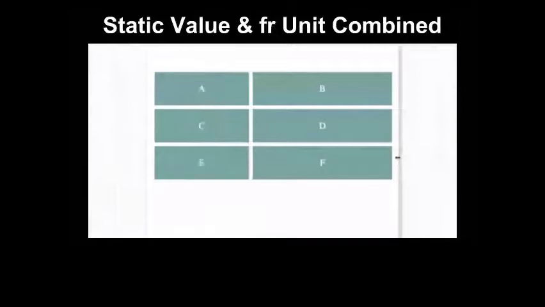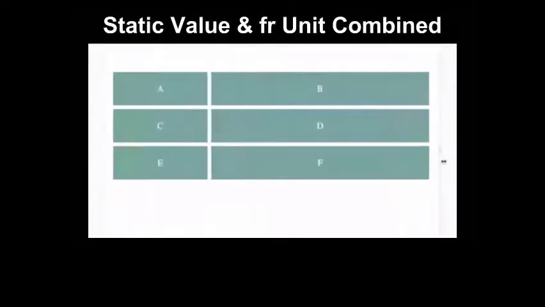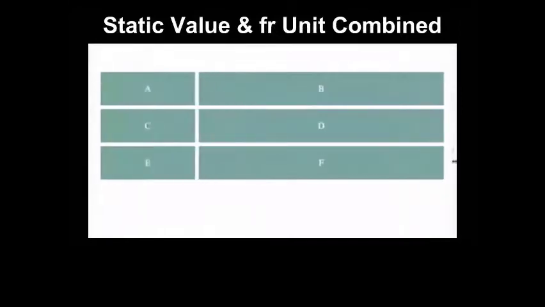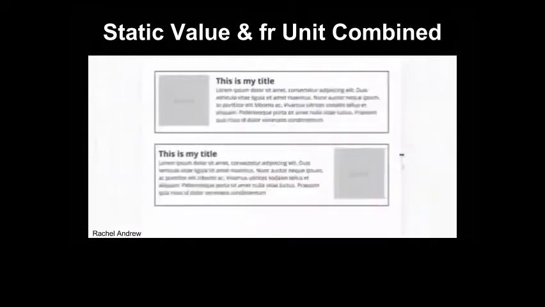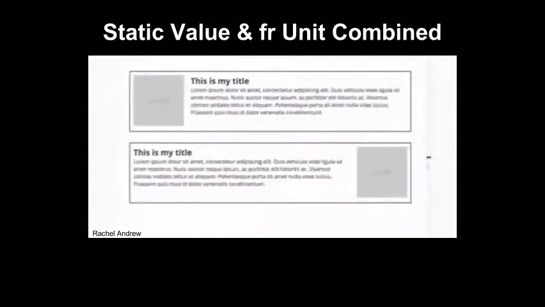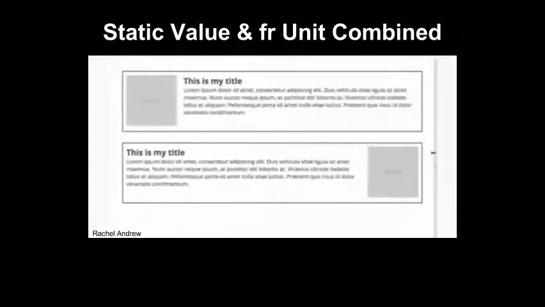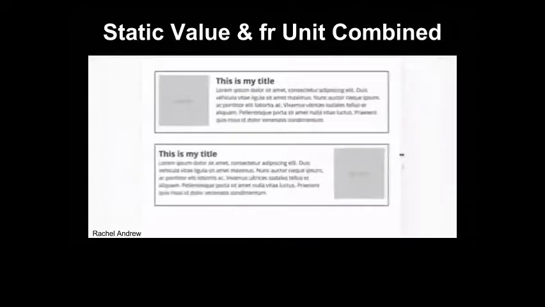Cool. This might end up being really handy in a situation where you have maybe a blog feed and you have an image. Images can be really tricky in responsive design to let them grow and shrink, because you might lose context as to what you're trying to show, or as the image gets really small, you might end up cropping out what you're really trying to show in that image.